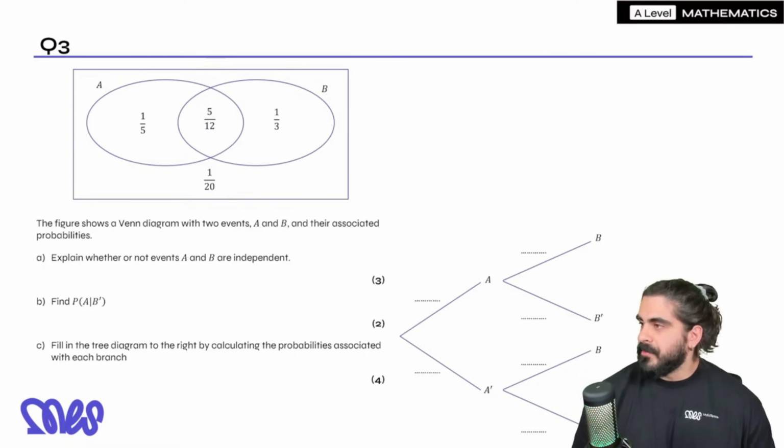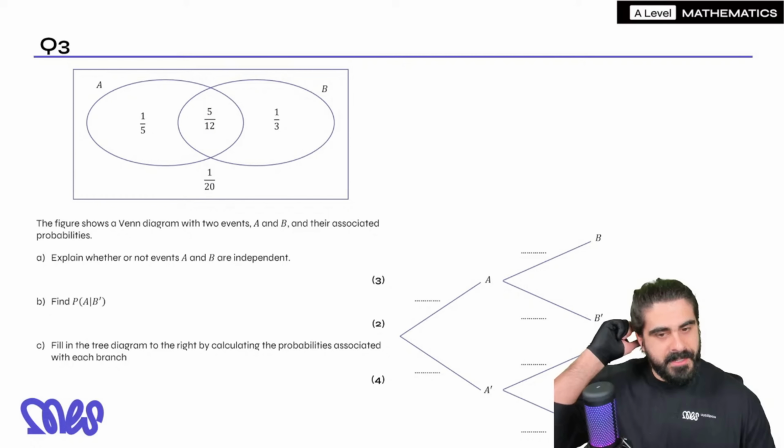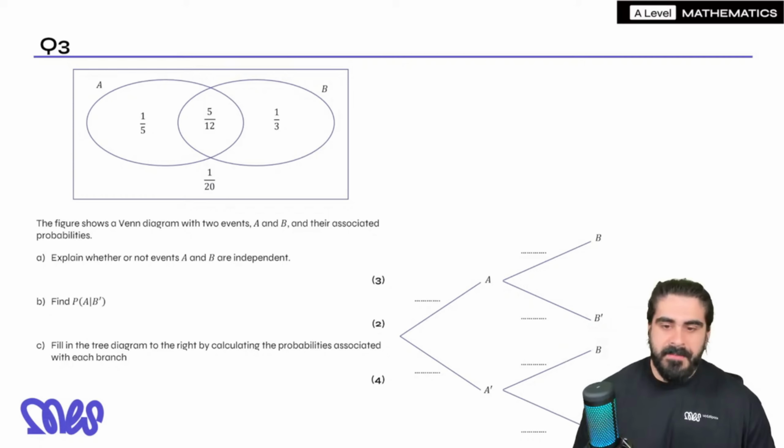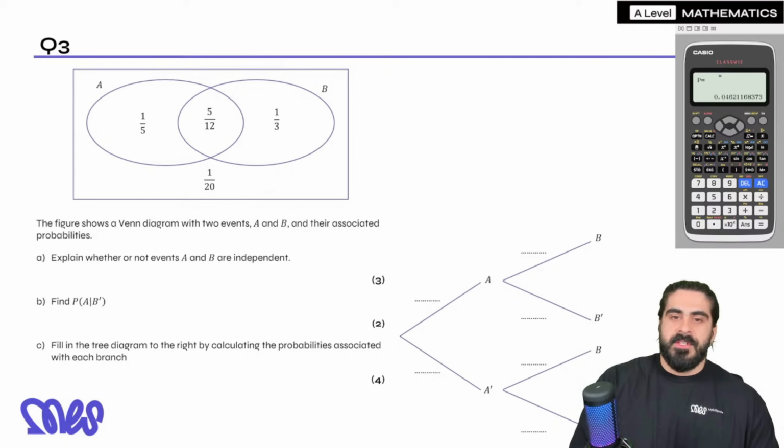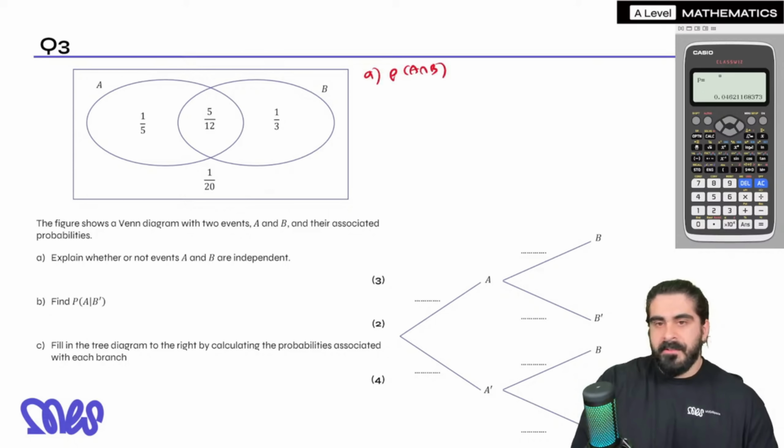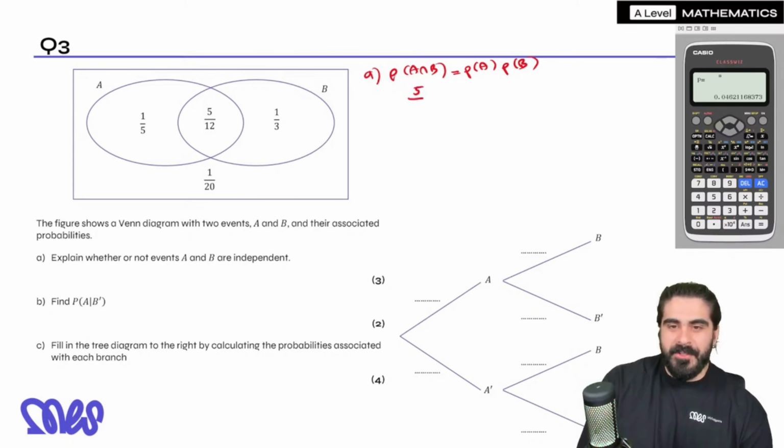Oh, Venn diagrams. Love a Venn diagram question. The figure shows a Venn diagram with 2 events A and B and their associated probabilities. Explain whether or not events A and B are independent. So we're saying the probability of A and B is the probability of A times the probability of B. So the probability of A and B is 5/12.